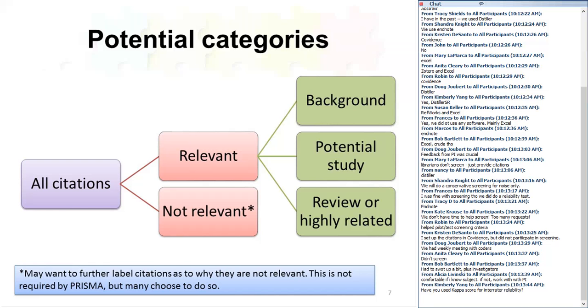I actually don't use the CAPA score for inter-rater reliability because when you're trying to do the calculations on inter-rater reliability, most of the time you have a very high level of agreement when you're doing screening, and CAPA has a problem when you're doing that.